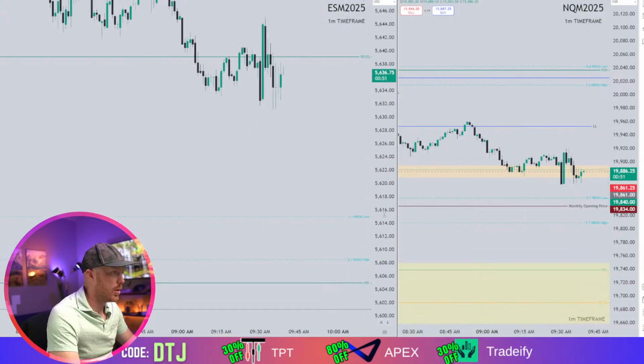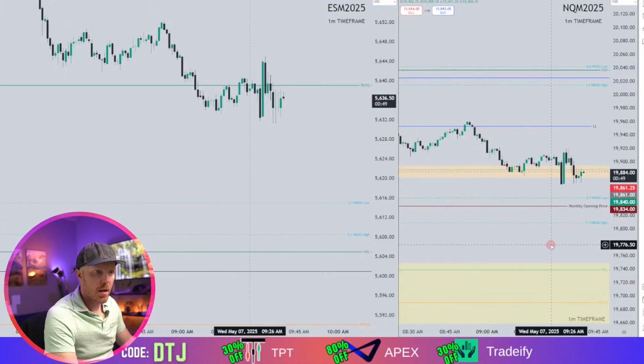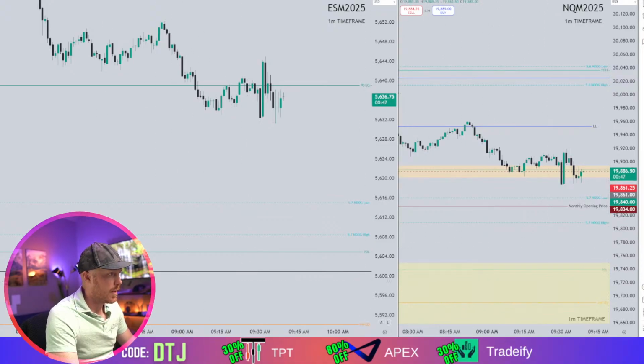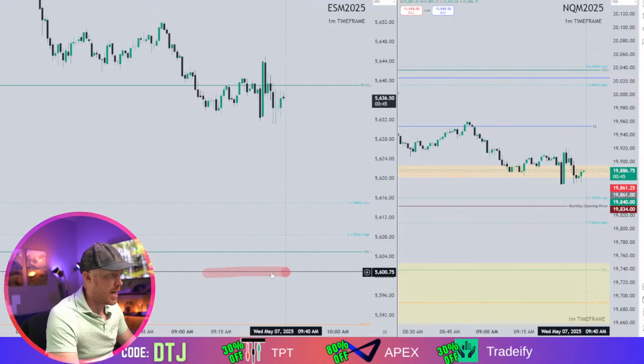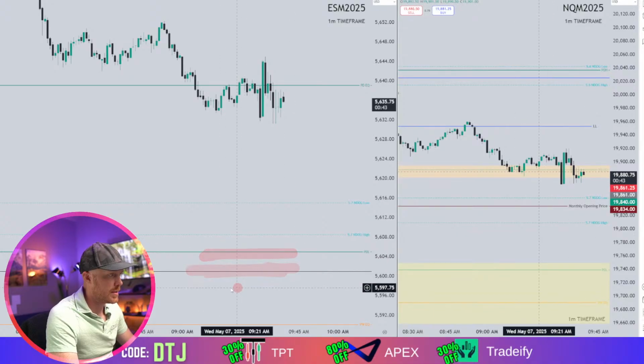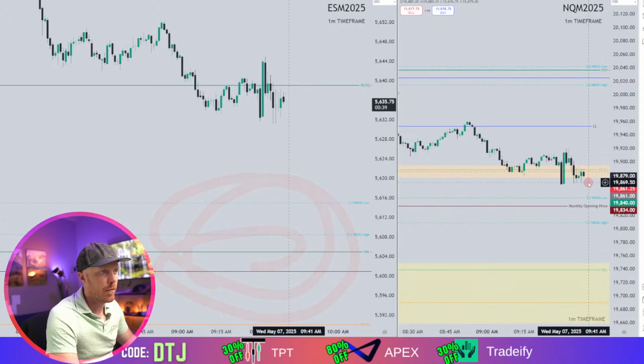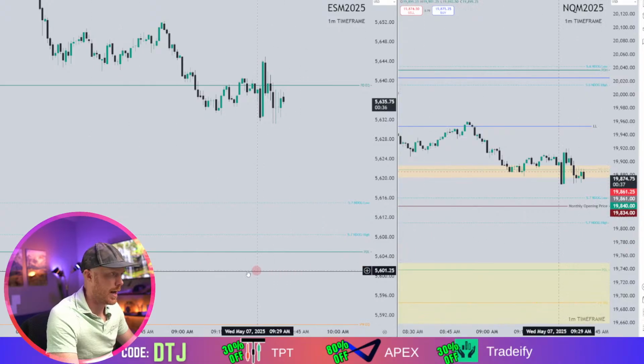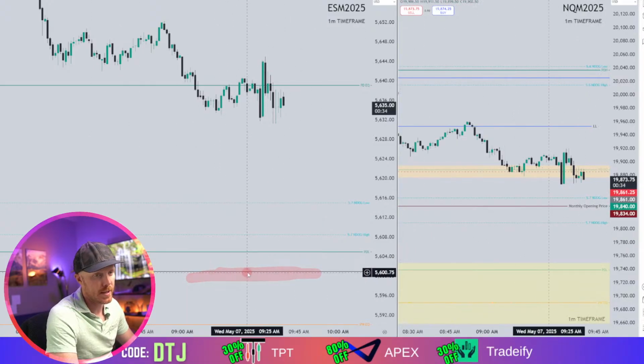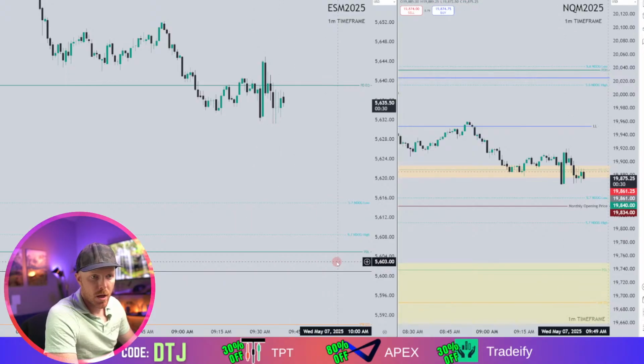Yeah, that looks attractive to me. Unless something else comes out, they may not run this level till FOMC, these levels here. So I'm just looking for a trade in that direction. I'm not going to try to hold it for here. If we get that, that'd be insane. That'd be crazy. But that's that.